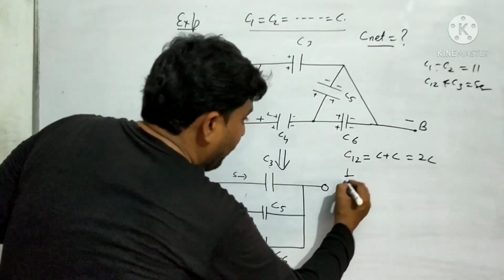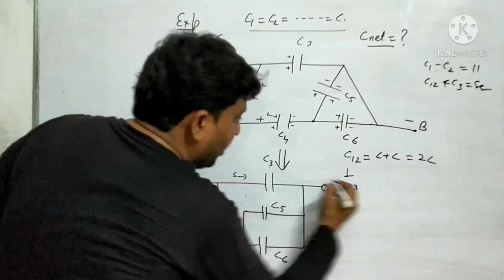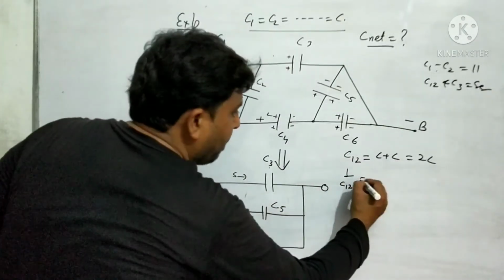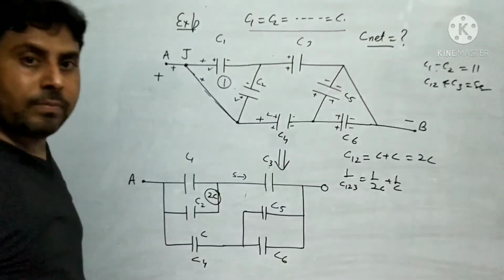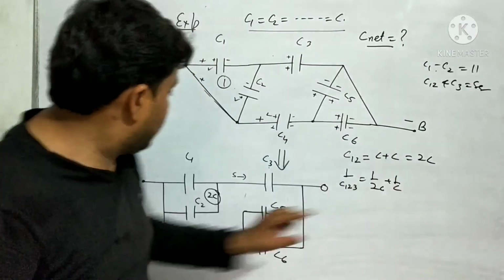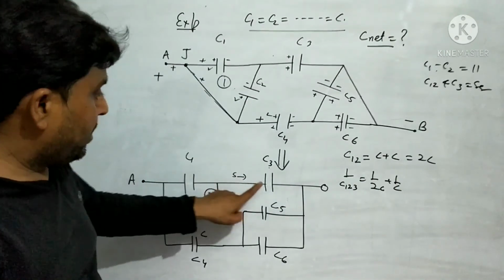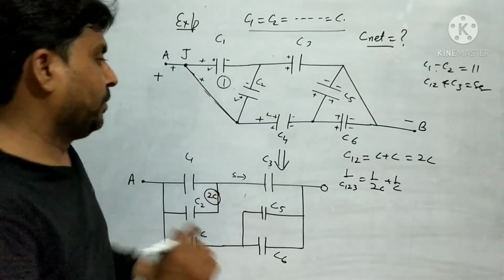So 1 upon C123 will be 1 upon 2C plus 1 upon C. 1 upon 2C is the combination of these, and C3.